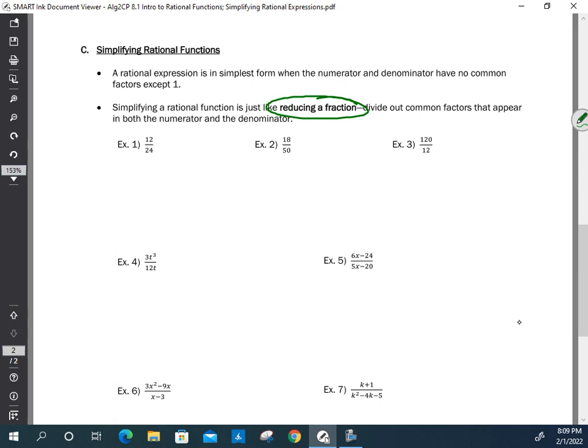So if you look at examples 1, 2, and 3, these are the baby examples that you've been doing since elementary school. So 12 over 24, you can divide the top and the bottom by 12.